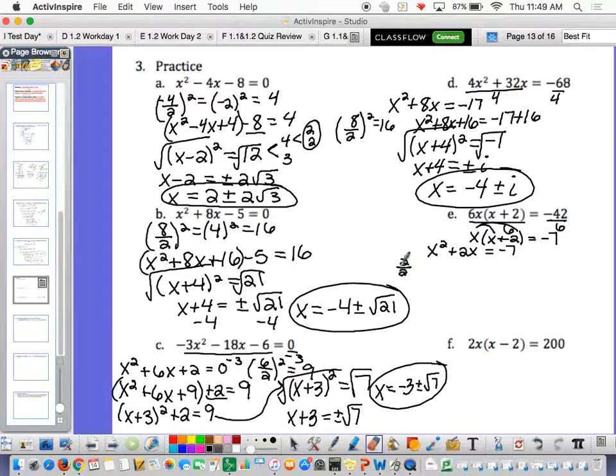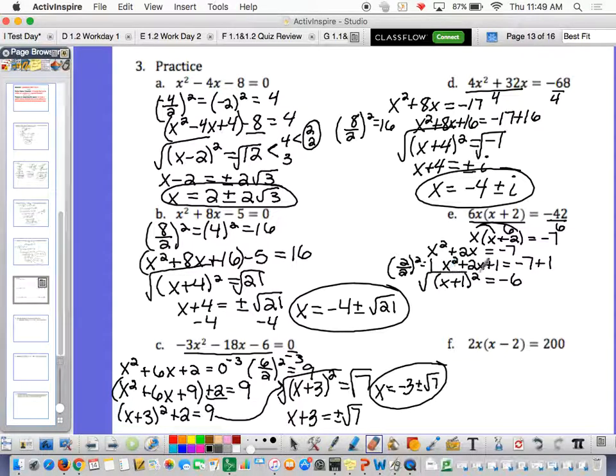So you take 2 divided by 2 and you square it, which is 1. So we've got x squared plus 2x plus 1 equals negative 7 plus 1. That then factors to x plus 1 squared, and that becomes negative 6. Now we can square root both sides.